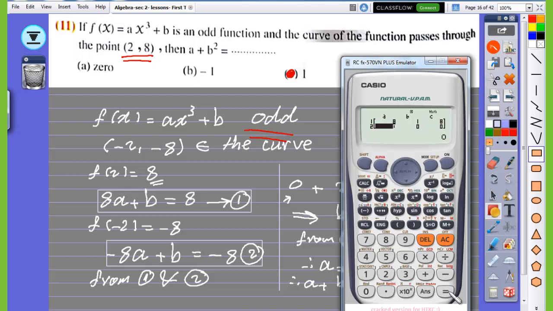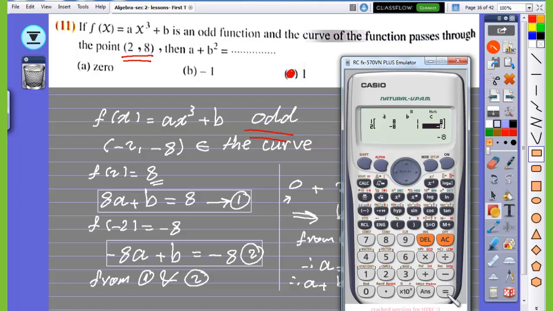And we go to equation number 2. Negative 8 is the coefficient of the first variable, equals, the coefficient of b is 1, equals, negative 8.